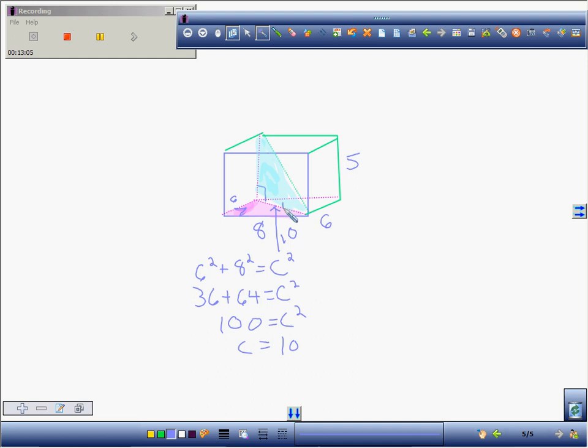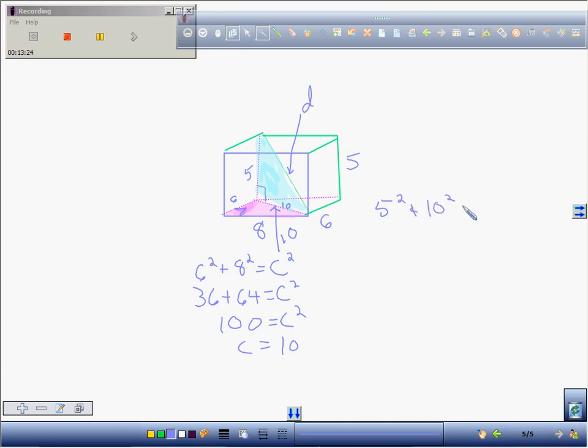Okay, so this is 10 over here. And how long is this side over here? 5. Okay? So now I want to find this side. We'll just call it D instead of C, because we already found one called C. So now in this right triangle, 5 squared plus 10 squared equals D squared, and that gives me 25 plus 100 equals D squared.